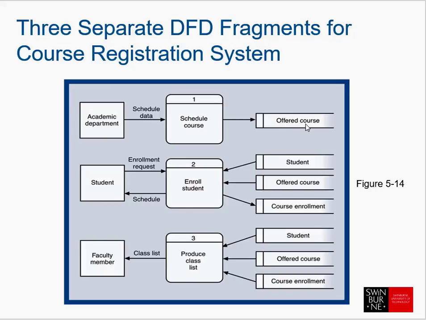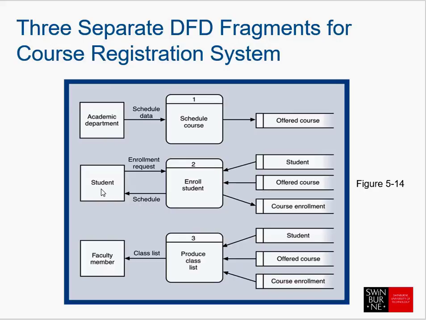Then the business analyst has identified a second use case using the event table: enroll students. That use case is associated with an external agent called student. A student supplies enrollment requests, and in the process of the use case, schedule information is supplied back to the students.